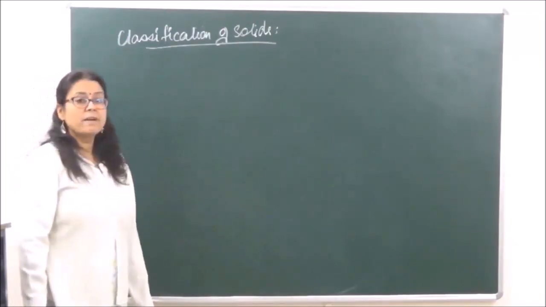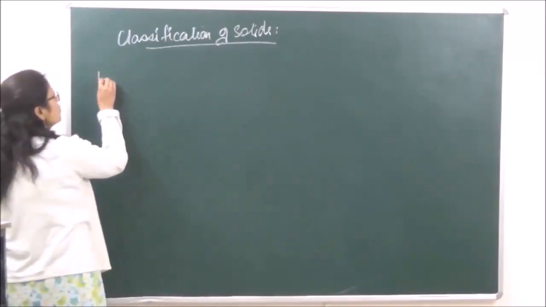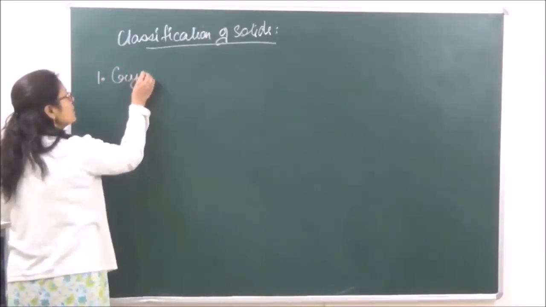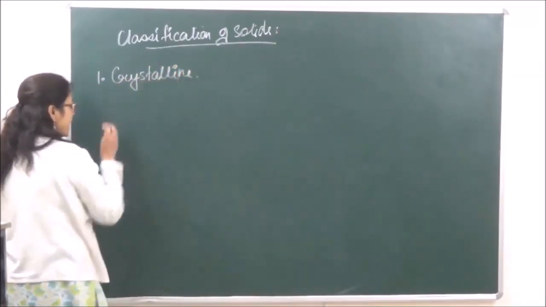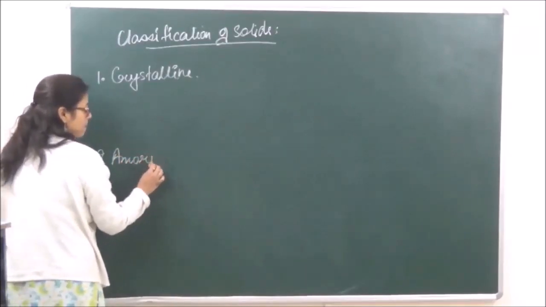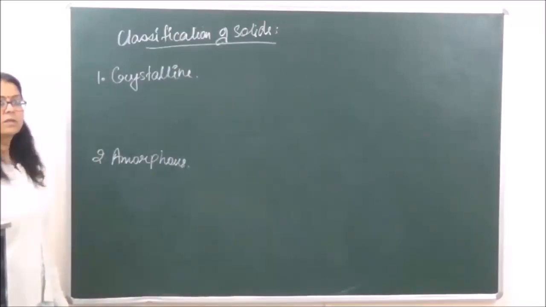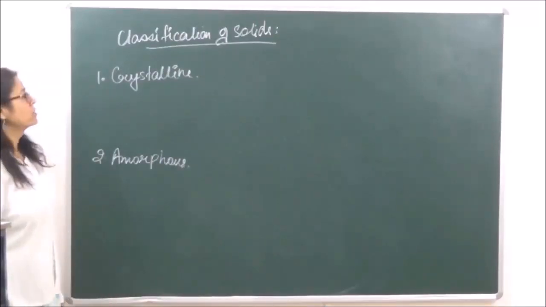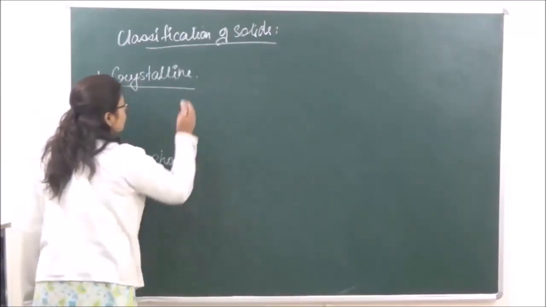So the solids can be classified into crystalline and amorphous. Crystalline and amorphous. Now, what are crystalline solids?